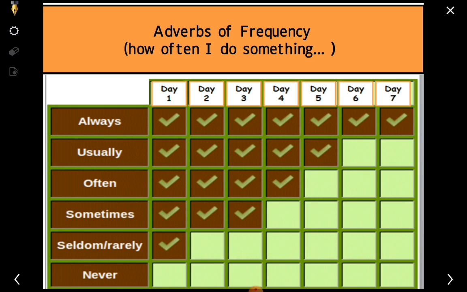When I do an action the whole week, it's always, for example. Usually it's just 5 days a week. Often 4 days a week, sometimes 3 days a week, rarely 1 day a week, never no day. These are the frequency adverbs that you need to revise, of course.